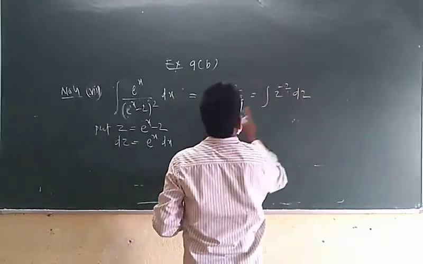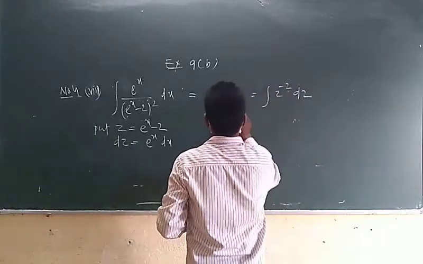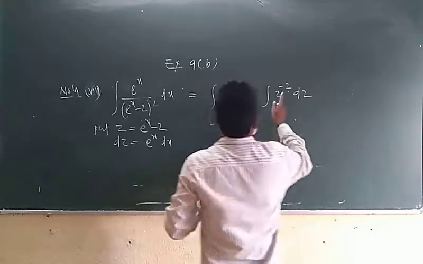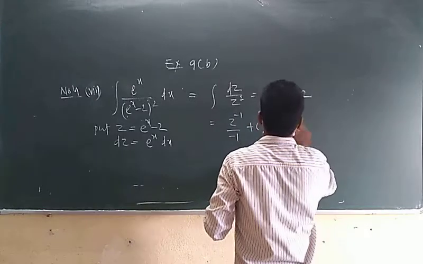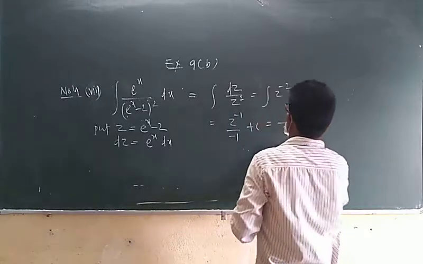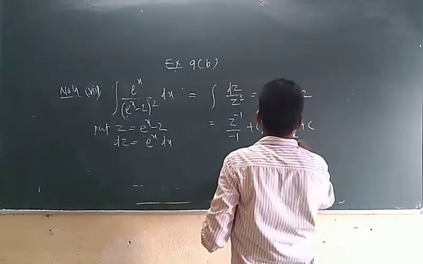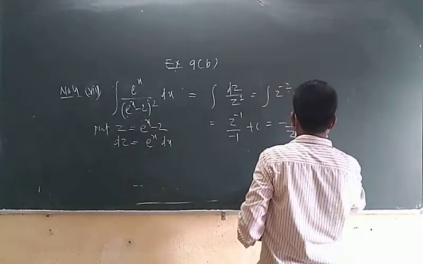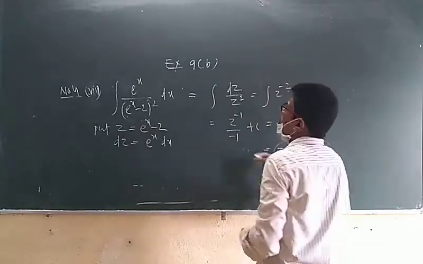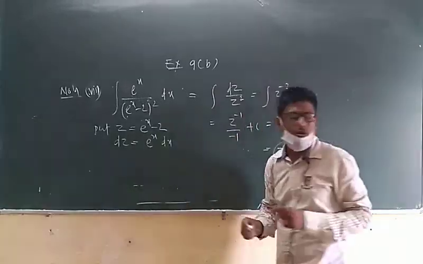Integration of z to the power minus 2 is z to the power minus 1 divided by minus 1, because minus 2 plus 1, divided by minus 2 plus 1, plus c. That is minus of 1 by z plus c. Put the value of z: minus of 1 by e to x minus 2 plus c. That's your answer of e to x by e to x minus 2 whole square.